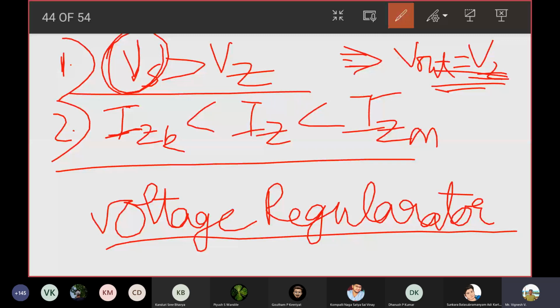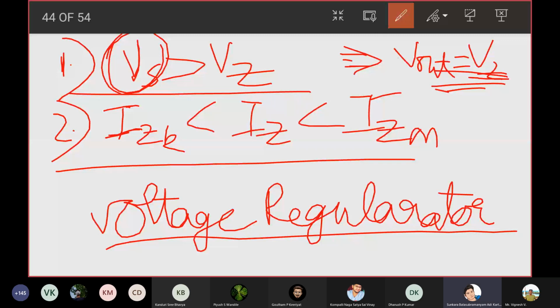If by mistake you forward bias it, the diode will act as a normal PN junction diode, but it is not going to give you any special add-on. Here the special add-on is voltage regulation, right? The voltage is getting regulated. Are you following? Yes, sir.